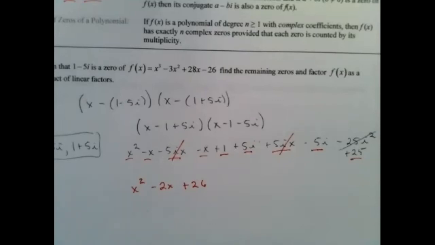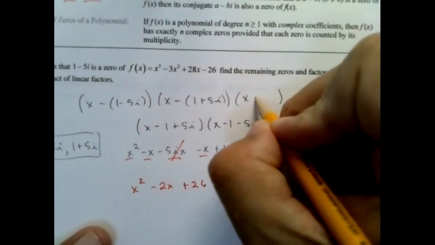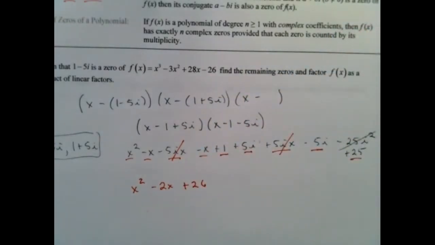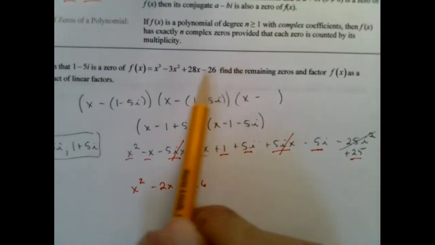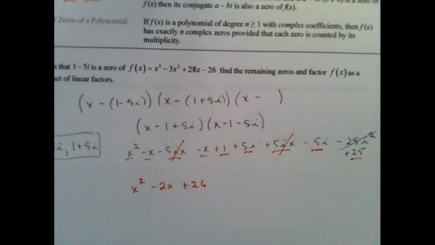So I found the first two factors, and I need to still find the third one. Oh boy. I could do good guesses, right? And plug in 1, 2, 13, 26. Something along those lines.